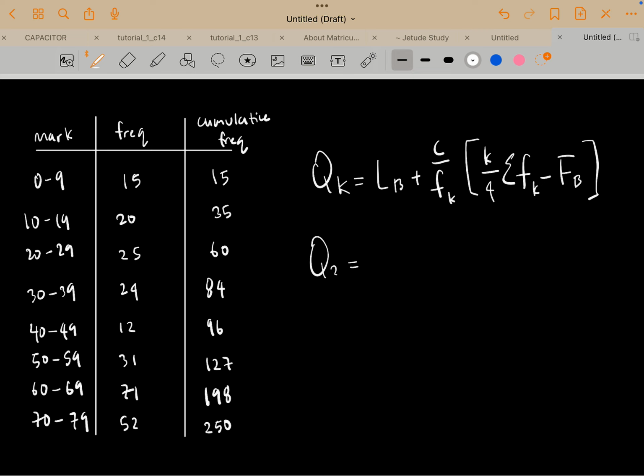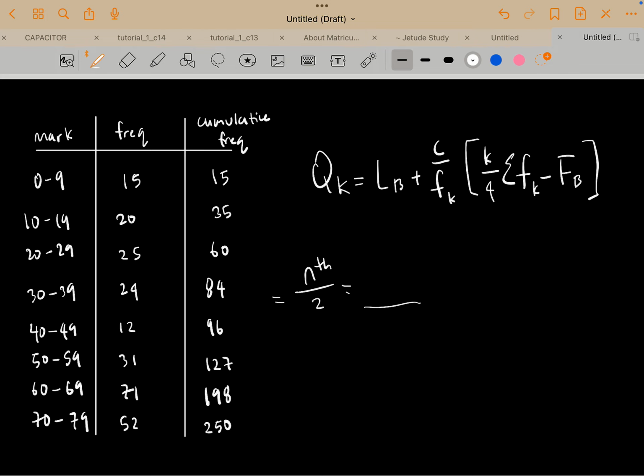Oh, but before that, we need to know in what class the median falls. Well, previously we learned that to find the median in an ungrouped data, what we do is n divided by 2, right? And we say that it will fall into that category.